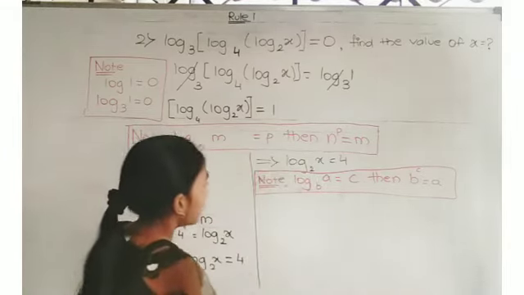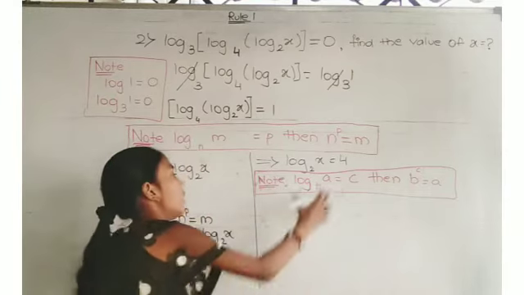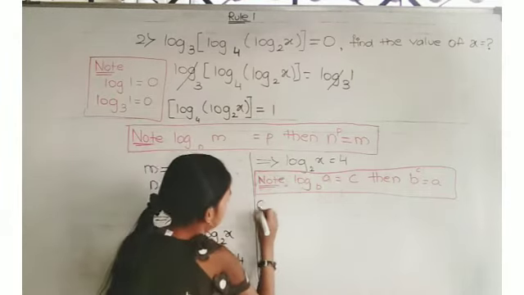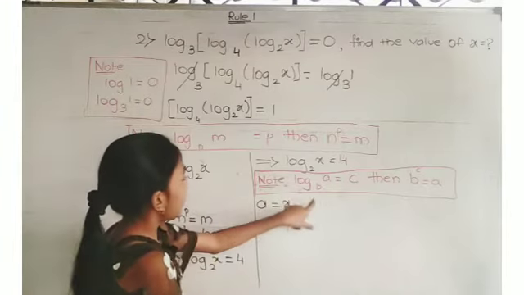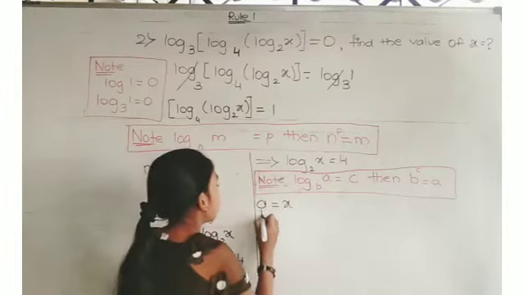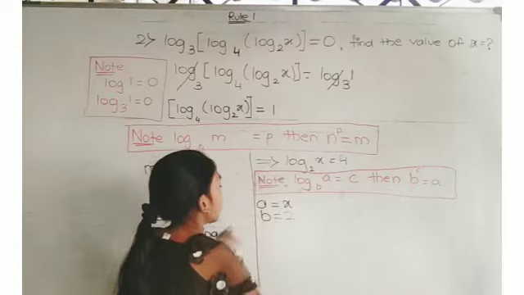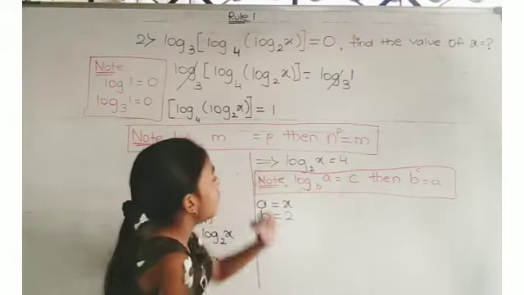Again we are going to compare here. a value will be x, then b value will be 2. c value will be 4.